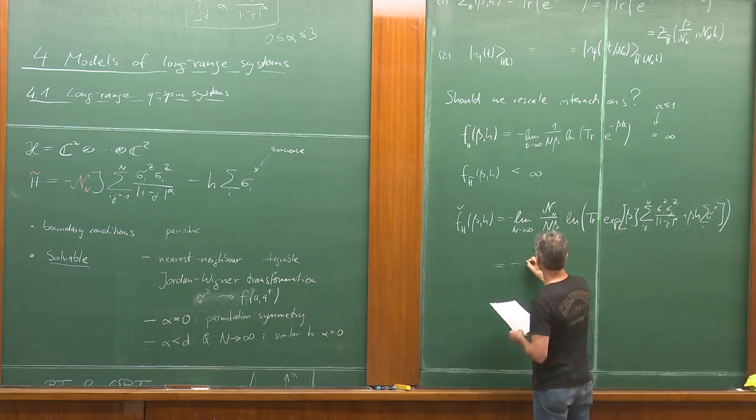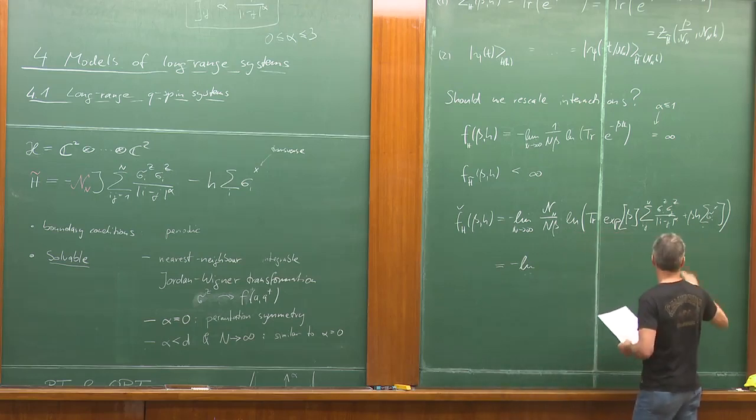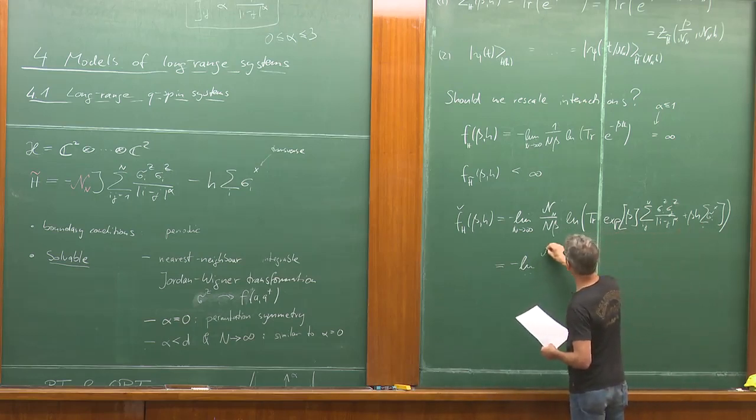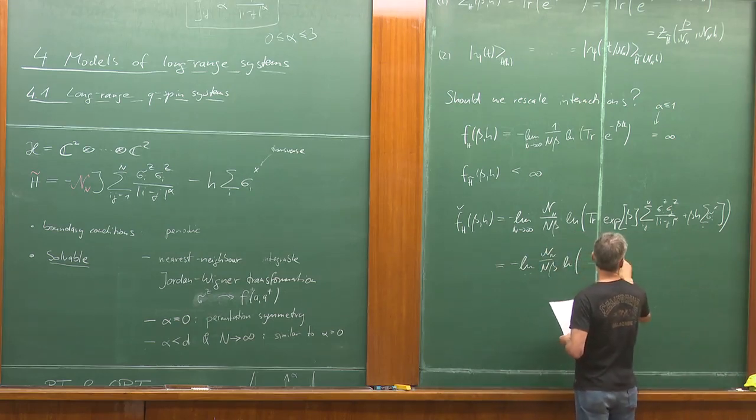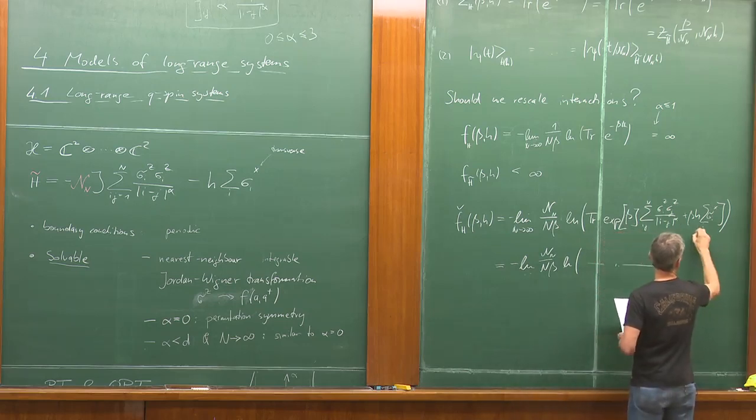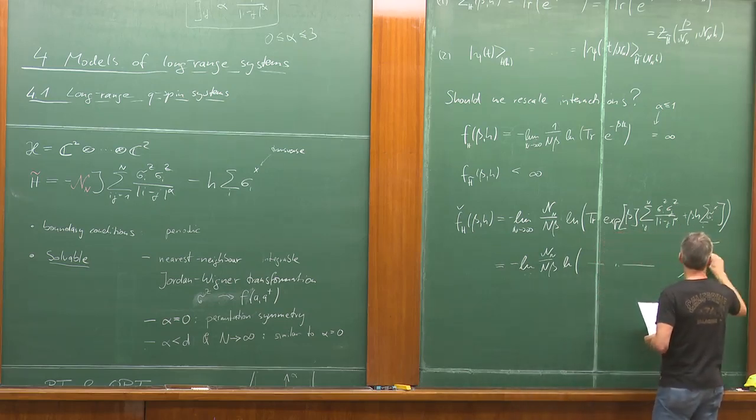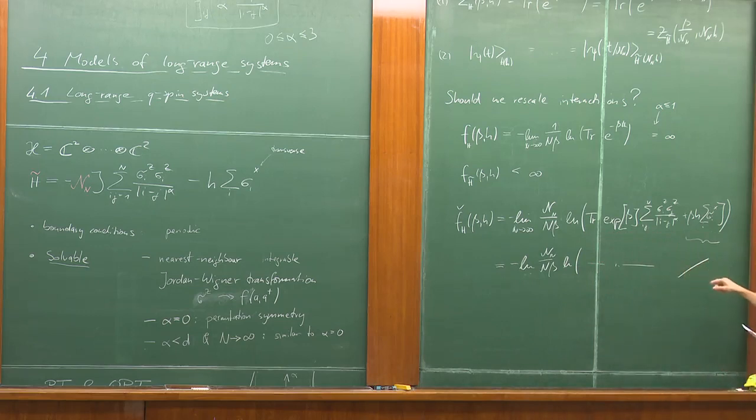So this here will be minus, so same expression, but without that term. So this will all be the same, and this here will be gone. So this is my schematic way of saying same and gone.